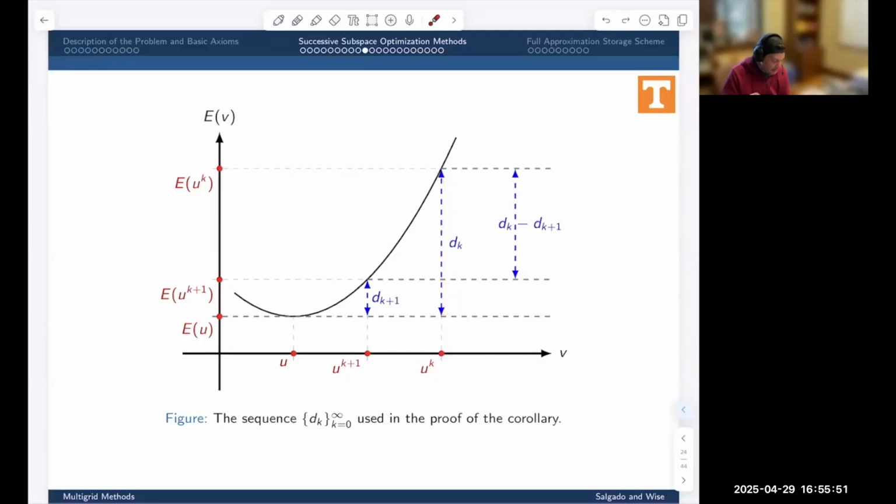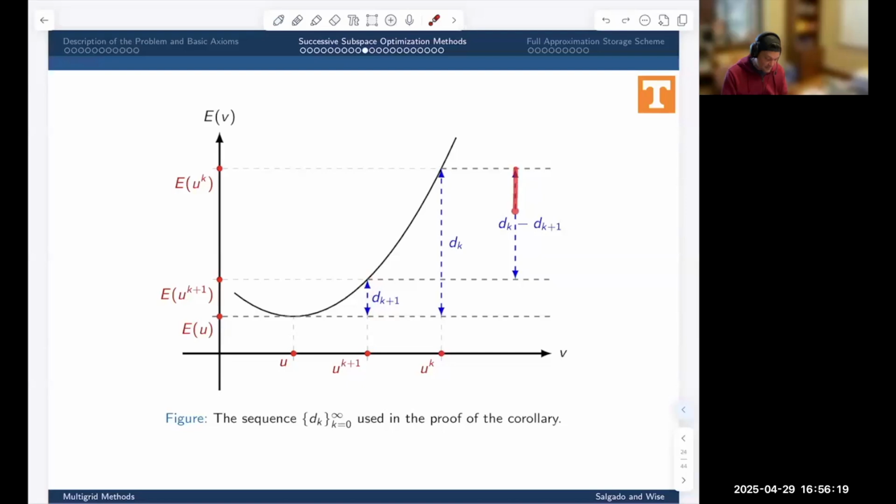Now, somehow we move from u_k, E(u_k), to u_{k+1} through our algorithm. That has to bring us down the energy curve. It has to bring us closer, but for now, all we know is that it has to bring us down. So we get to E(u_{k+1}), and this value here is d_{k+1}.